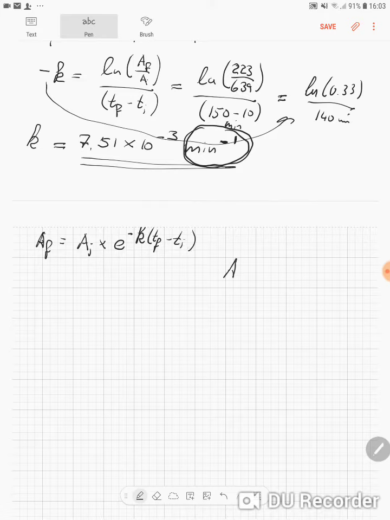So our A final is what we are looking for. And the t final is 200 minutes.